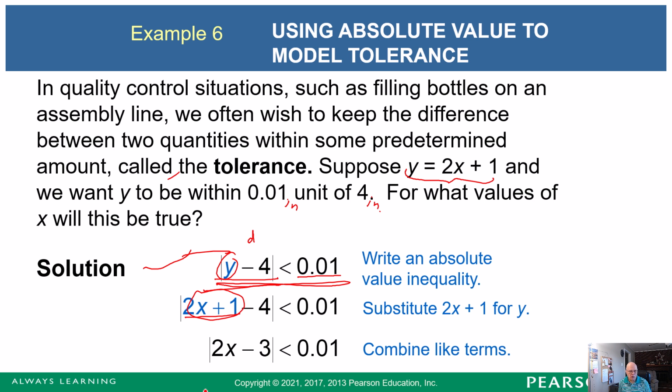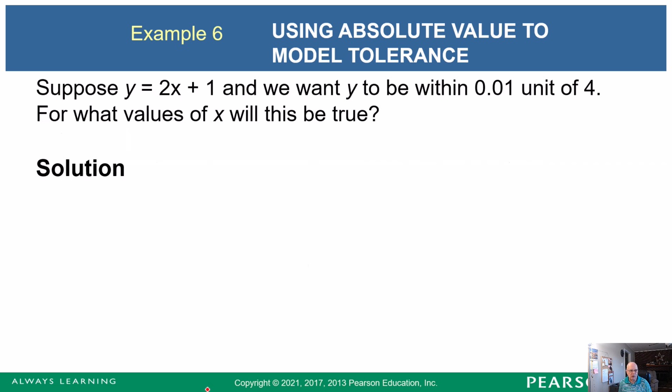So absolute value of 2x minus 3 less than, that means it's going to be between two numbers, and you have to figure out what the numbers are. So it'll be between negative 0.01 and positive 0.01. In other words, this would be a little bit short, this would be a little bit long.